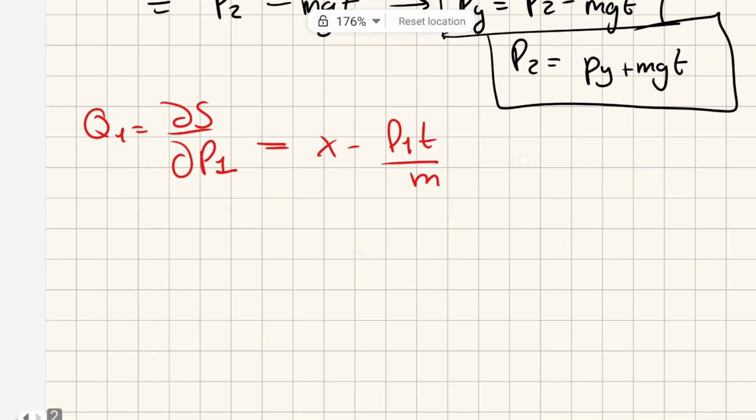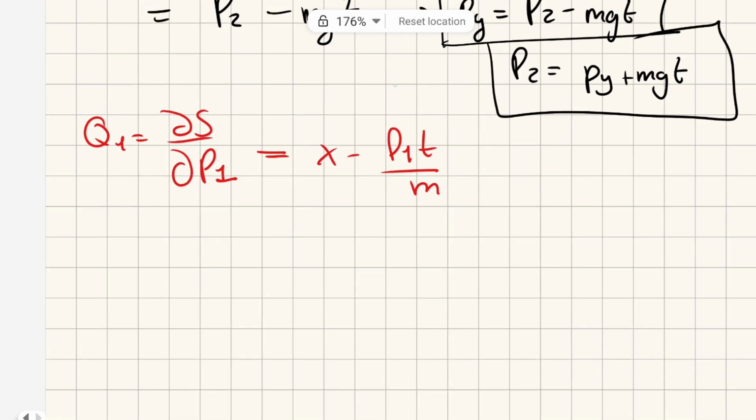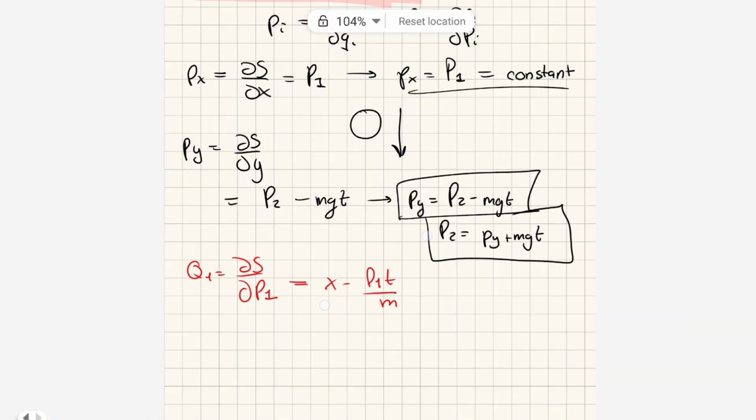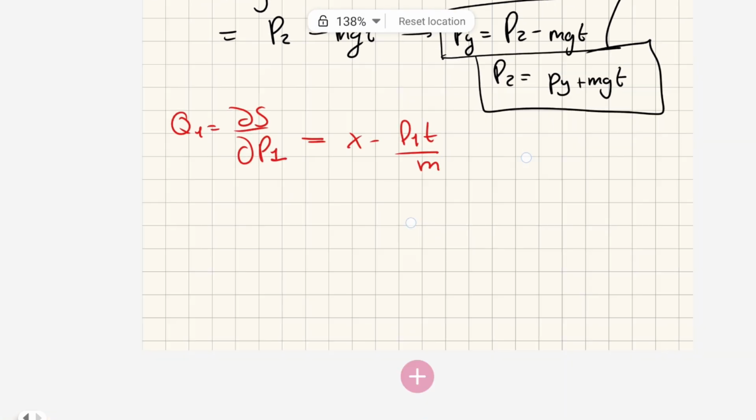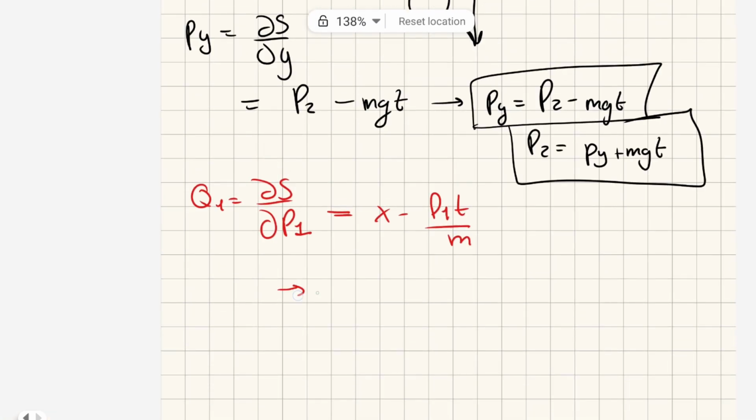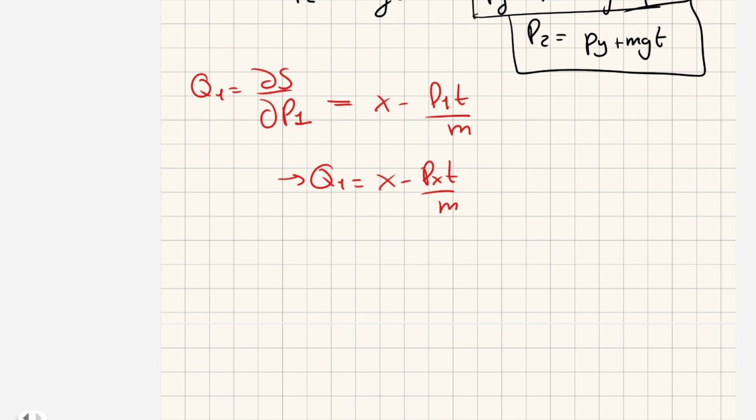Okay, so what we can say about this is that noticing that we already found what is p1, that is px, right? Due to this equation, we can say that q1 is equal to x minus pxt divided by m. Perfect. So with this, we have found q1 in terms of the initial variables x and px.